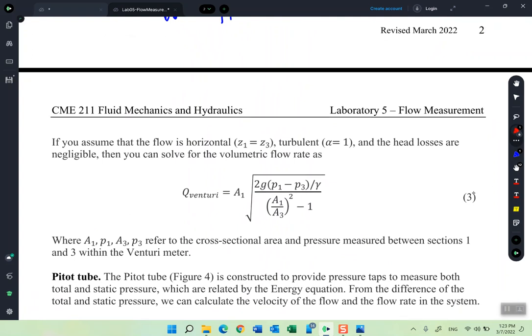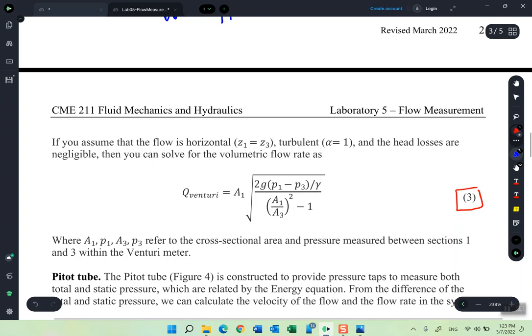After doing that, you will have equation number 3. What equation number 3 tells you is the relation between the parameters like A, P, gamma, and Q. So let's take each parameter and explain it.